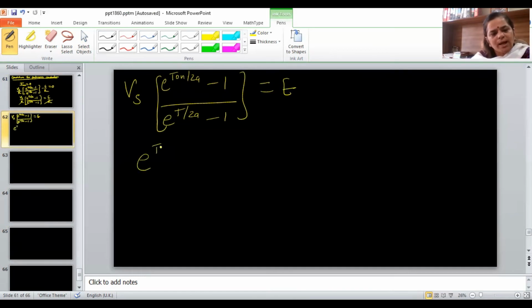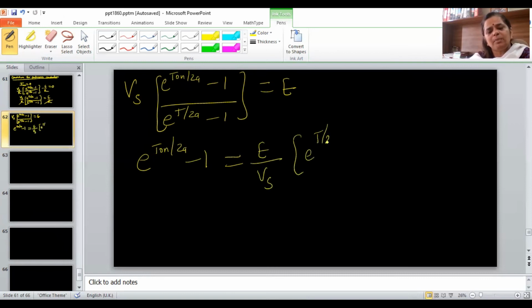So what I am going to get is e to the power TON by TOA minus 1 equal to E by Vs, and here I am going to get e to the power T by TOA minus 1.